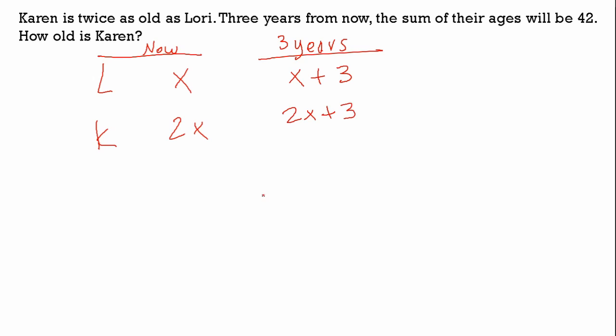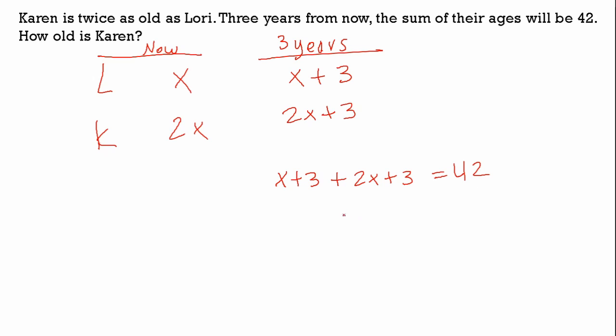Okay, so now we have to use this final part. The sum of their ages will be 42 3 years from now. How old is Karen now? So if 3 years from now the sum of their ages is 42, that means this: x plus 3, Lori's age 3 years from now, plus Karen's age 3 years from now, 2x plus 3, will be 42.